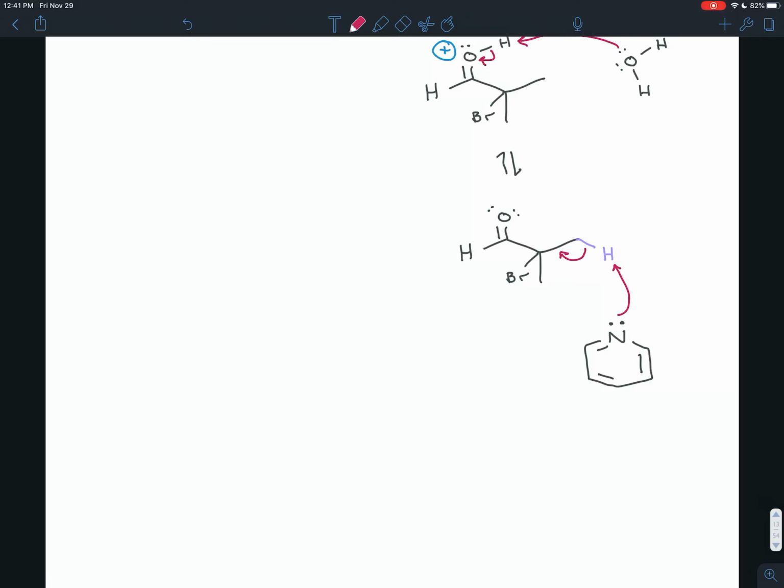The electrons in the hydrogen can then go toward the leaving group and kick the leaving group off. So you have two things happening here. They're the staples of an E2 reaction that you learned about in Organic Chemistry 1, and that I have videos for if you're interested. There's a proton transfer and loss of a leaving group, both happening at the same time.